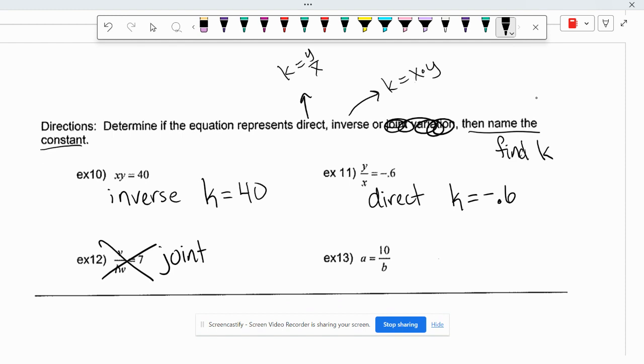If I were trying to get K, the constant, all by itself, how would I do that? Yeah, multiply both sides by B. This is inverse variation because it's in the form A times B equals 10. So the constant of variation is 10. Thoughts? Easy?